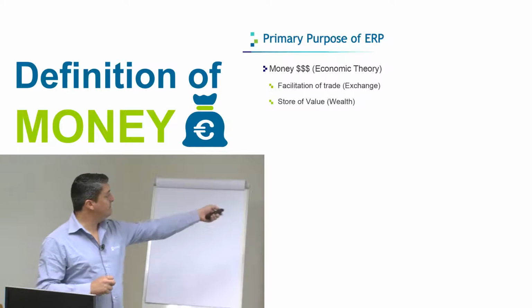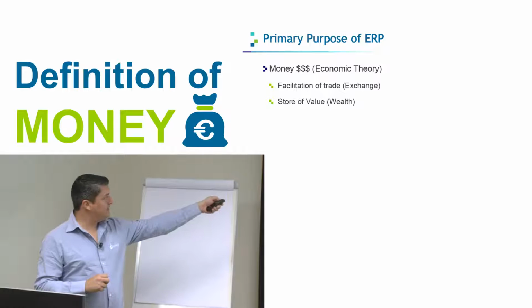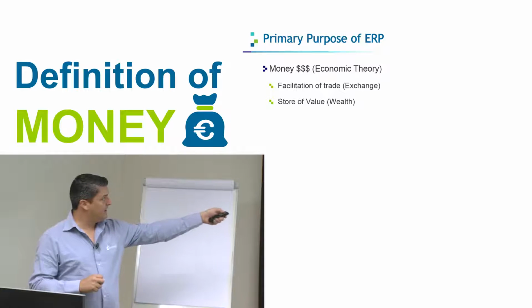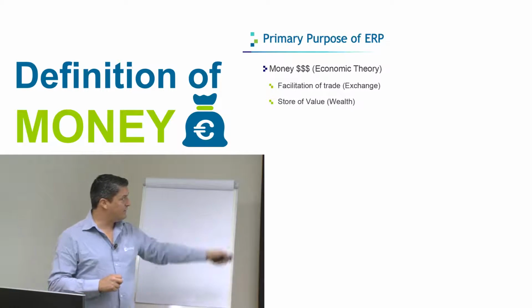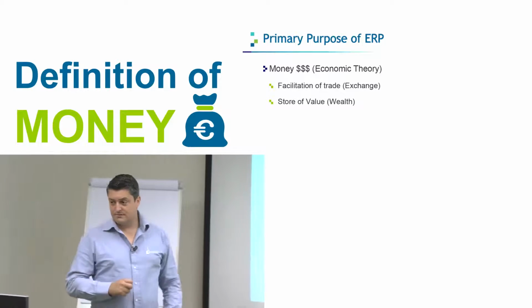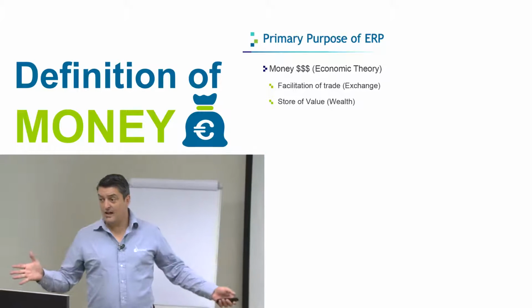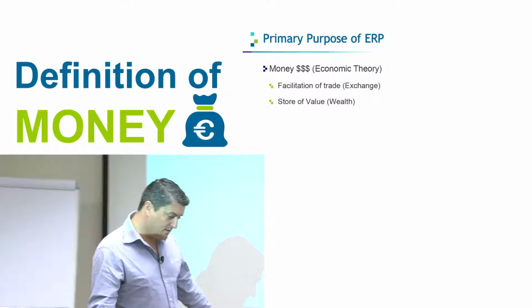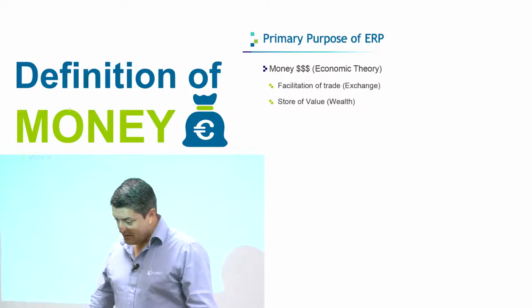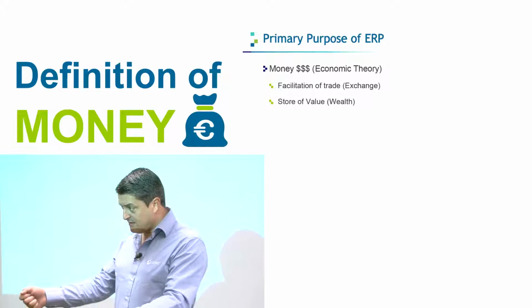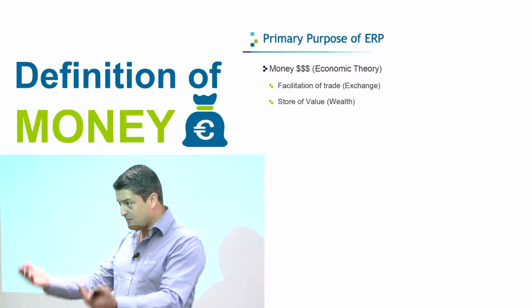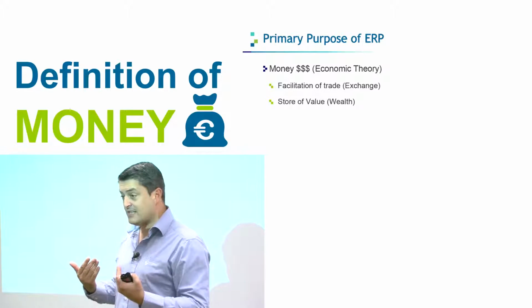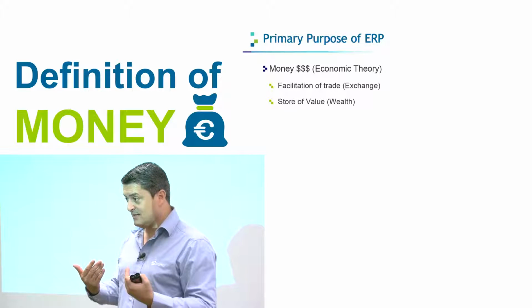Second, if you look at money in economic theory, it is also measured as a store of value. So I no longer have to take my goat to the market and talk to the hairdresser and say, will you accept a goat for cutting my hair? That's how trade used to happen.